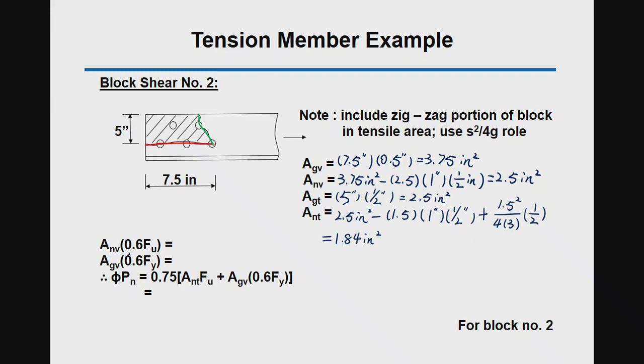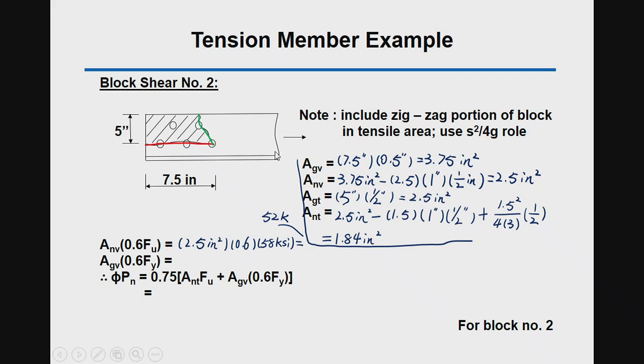So ANV times 0.6 times FU equals 2.5 square inches times 0.6 times 58 equals, let's write it here, equals 52 kips.